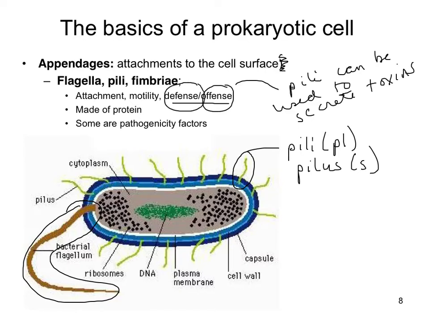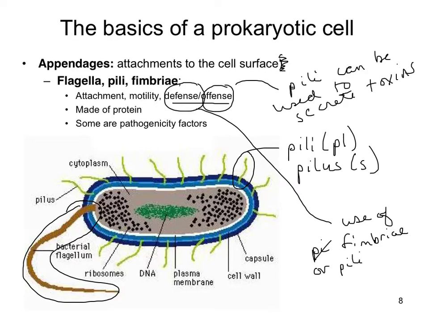A defense function might be the use of pili, actually more likely fimbriae, or pili for attachment to environmental surfaces. For example, attachment to the epithelial cells lining the human body. That would be a defense function from the point of view of the microbe, because it would allow the microbe to stay in place in an environment that provides it with food.